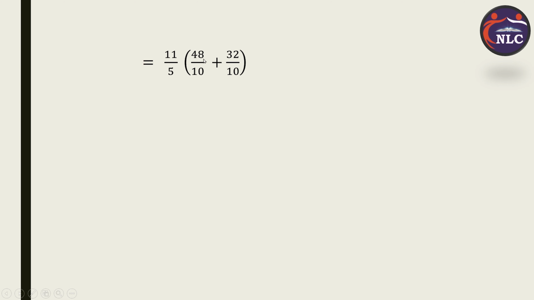We can add these two numbers. 48 plus 32 is 80. So 11 by 5 into 80 by 10. 0, 0 we can cancel. So we have 11 into 8, 88 by 5. When we divide this number, we get 17.6 centimeters square. The total surface area of the remaining solid is 17.6 centimeter square. This is the answer.